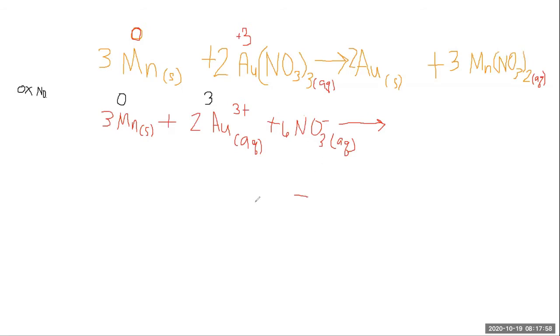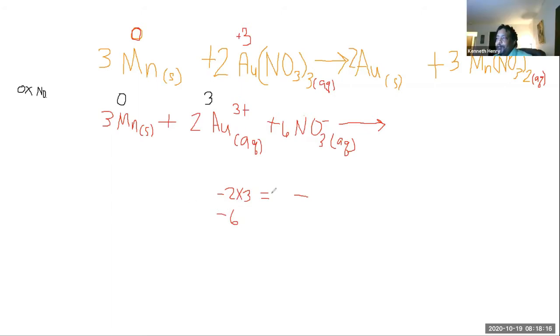You have 3. And what is the oxidation number for oxygen? -2. So -2 times 3 is -6. Okay. So it has to be 5, right? Oh yeah, I forgot.